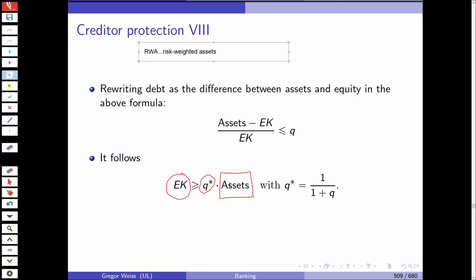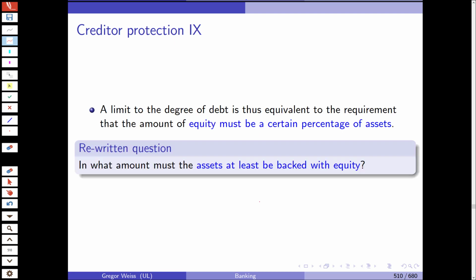You will look at the assets, you will have certain risk weights, you will weigh those assets and then sum it up, and you require equity to be higher than your risk-weighted assets, or at least a portion of that. So a limit to the degree of debt thus translates into the requirement that your equity must be larger than a certain percentage of assets.